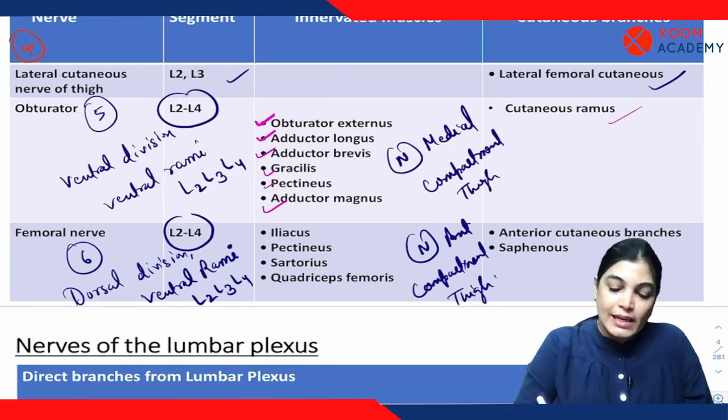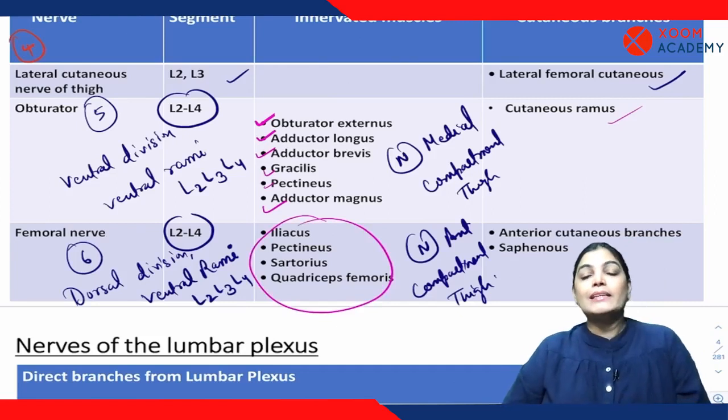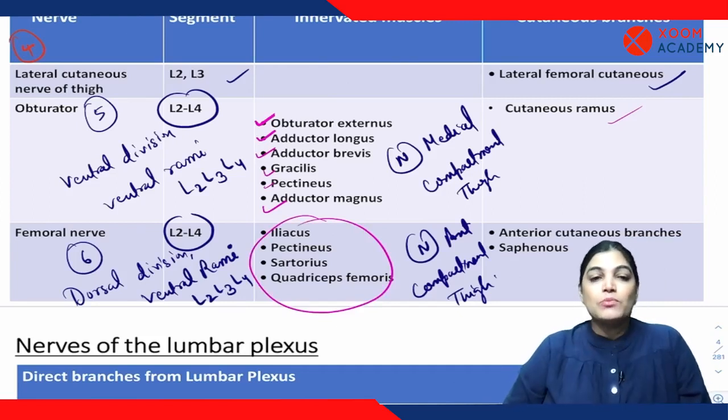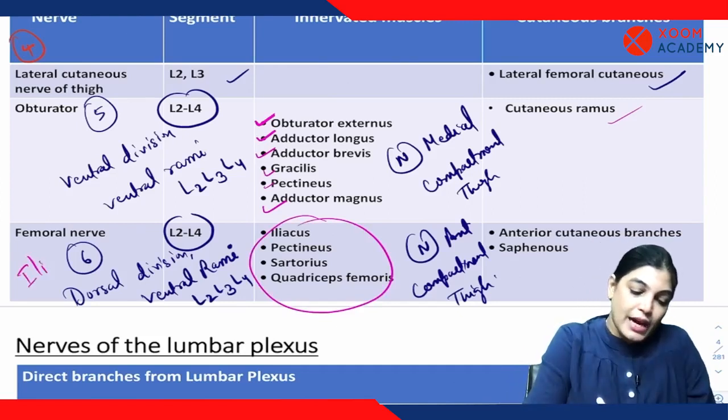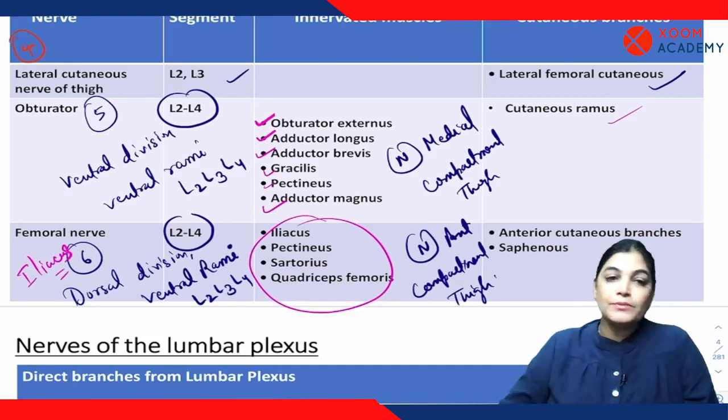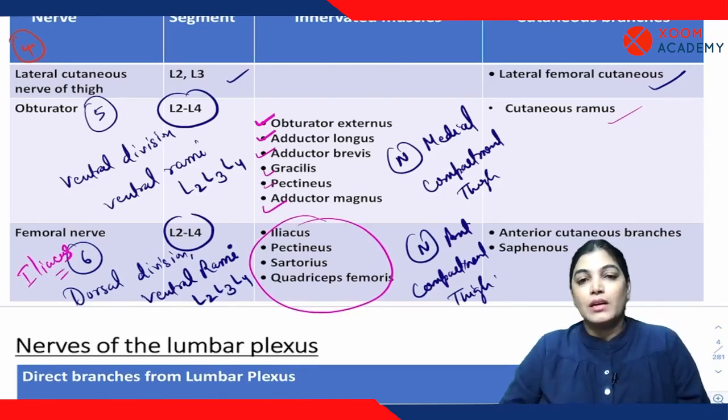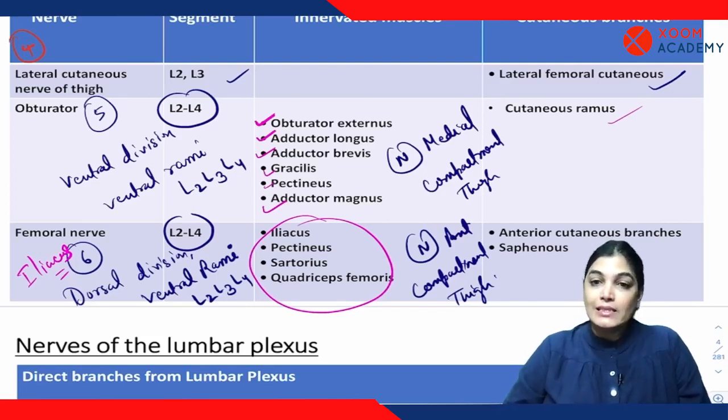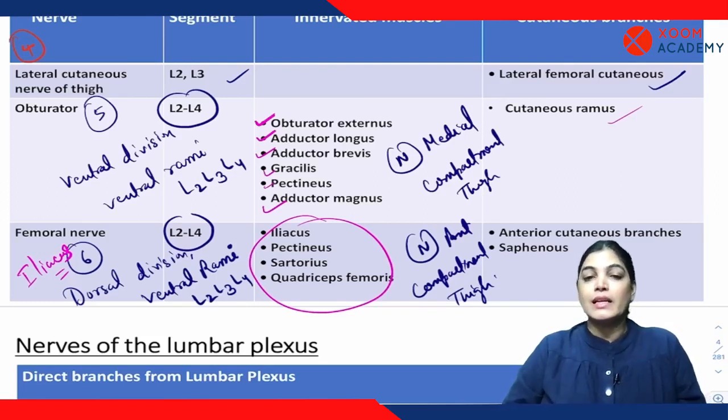The femoral nerve basically gives innervation to the muscles of the anterior compartment. Other than that, the femoral nerve also innervates the iliacus muscle, which arises from the iliac fossa of the hip bone and inserts along with psoas major into the lesser trochanter.